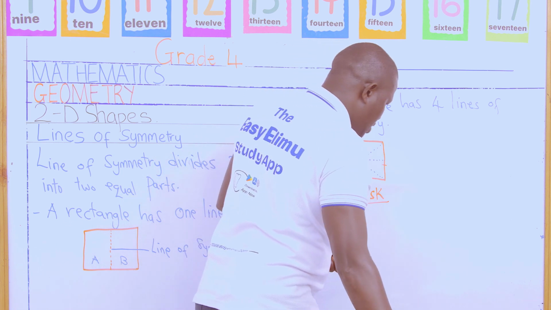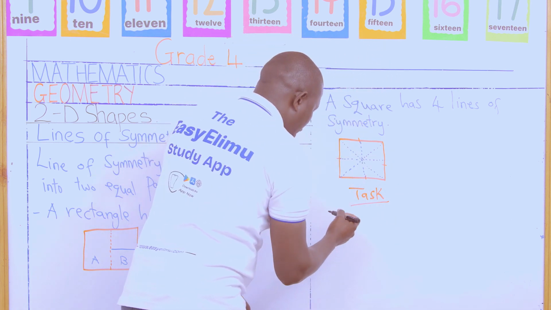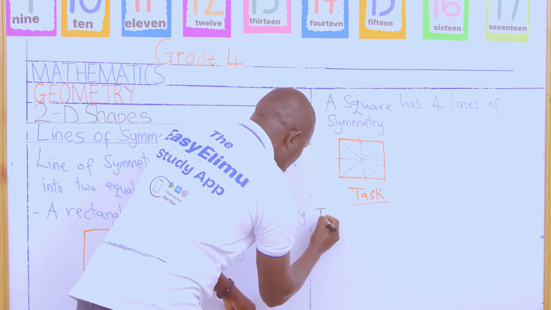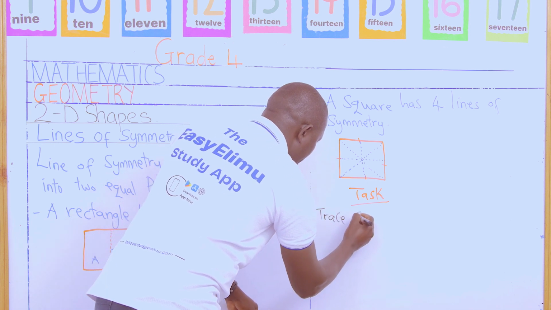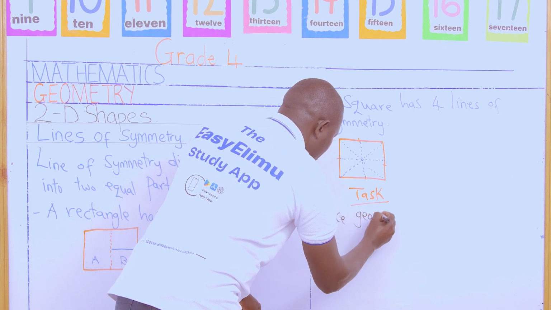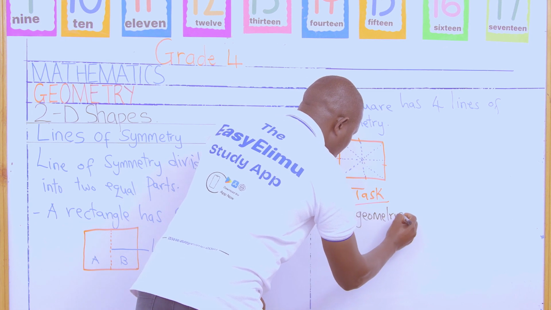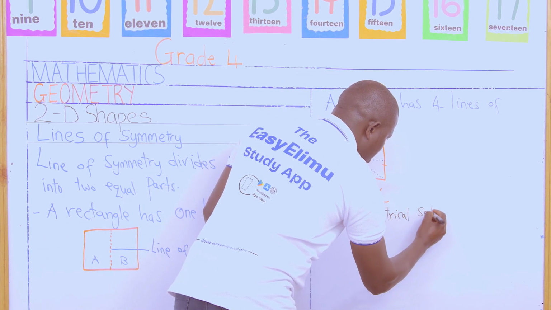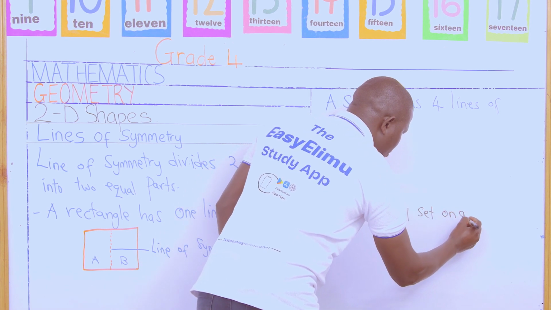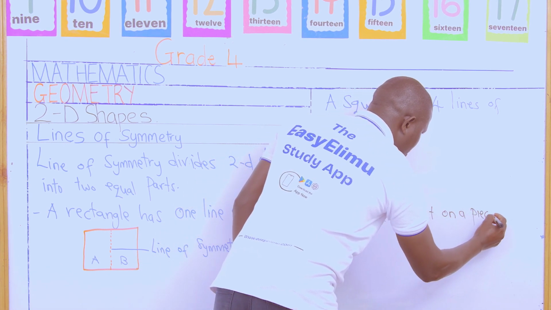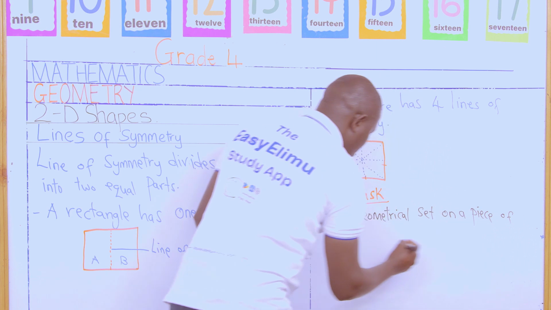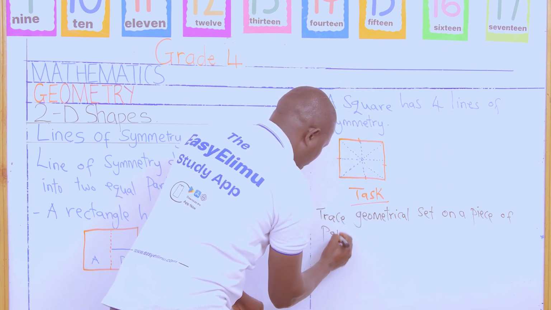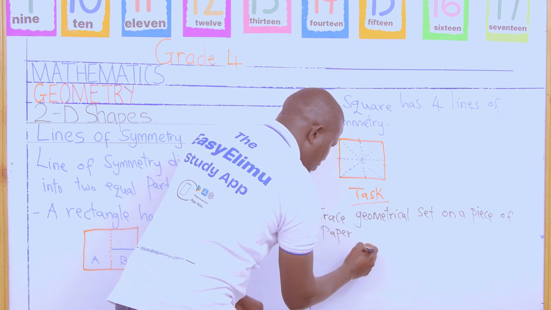you are working out. Trace your geometrical set on a piece of paper and find the line of symmetry.